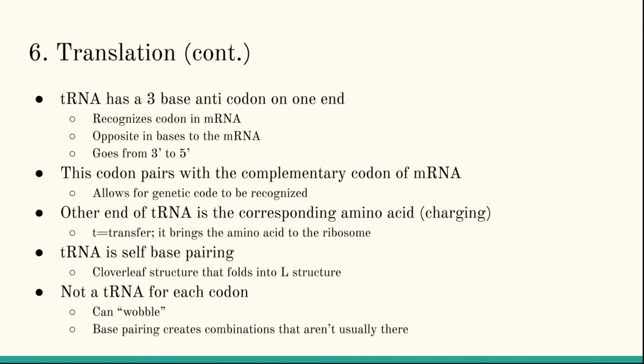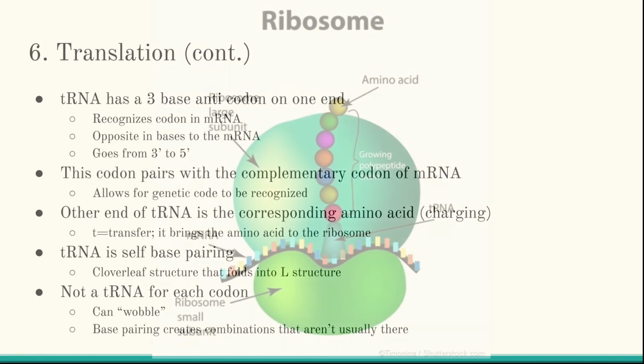The T of tRNA stands for transfer, so it brings the amino acid to the ribosome. tRNA is self-base pairing, so it's a cloverleaf structure of 4 that eventually folds into an L-shaped structure. There's not a tRNA for each codon, because wobbling can occur. This is where base pairing creates combinations that aren't usually there. For example, a G might pair with an A rather than a C.